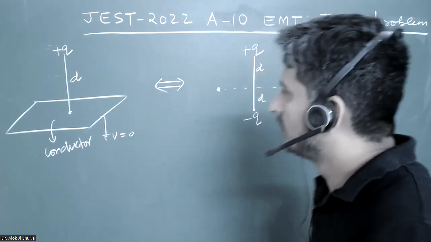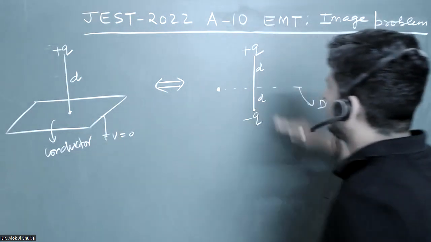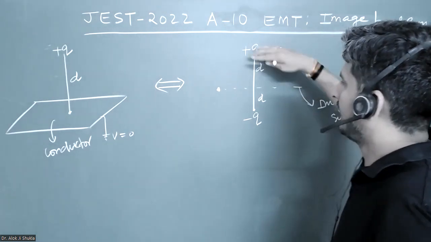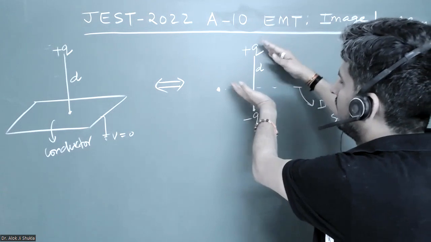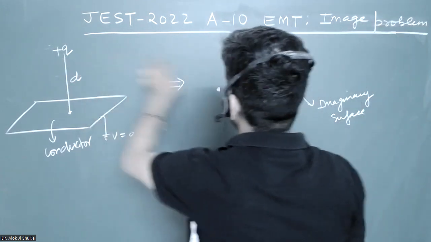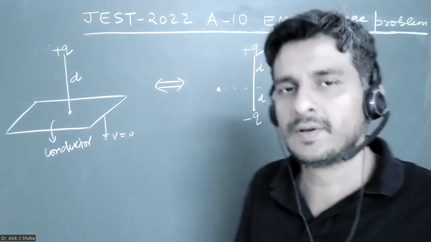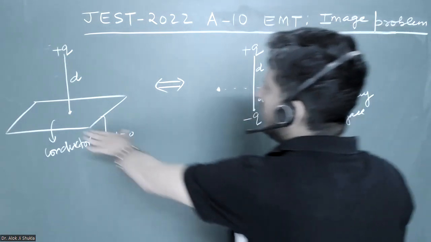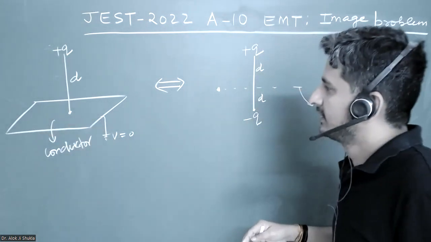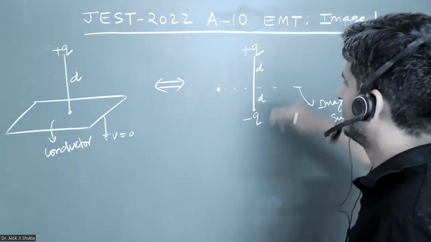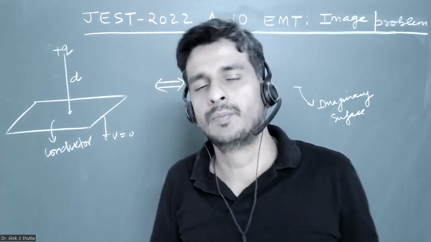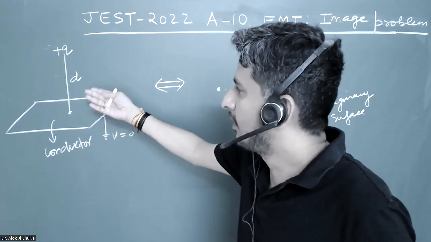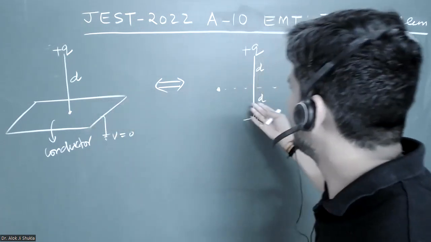So now both conditions are satisfied here. In our region of interest, we want to calculate the energy of this system, and in the region of interest the charge is still plus q. So that's why the Poisson equation is followed, and the boundary condition that this surface should be at zero potential is also followed. So because of the uniqueness theorem, we will get the exact result of this configuration in this changed configuration.